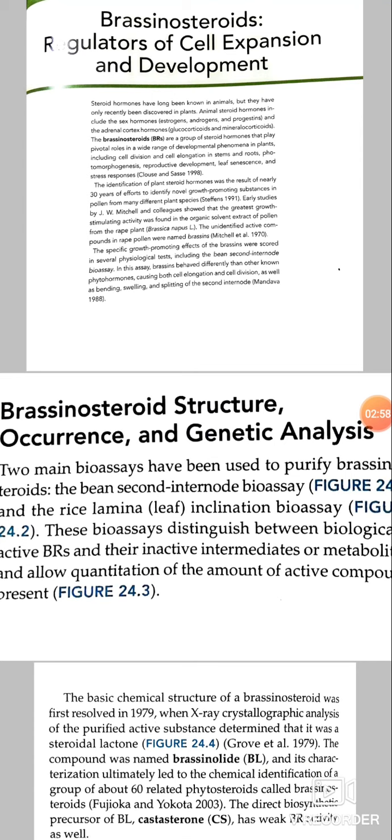Two main bioassays have been used to purify brassinosteroids: the bean second internode assay and the rice lamina inclination bioassay. These bioassays distinguish between biologically active brassinosteroids and their inactive intermediates or metabolites, and allow quantification of the amount of active compounds which are present.